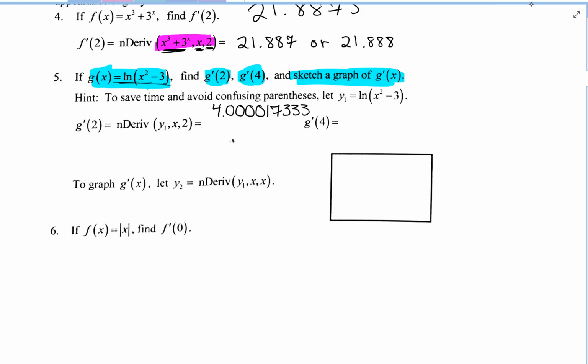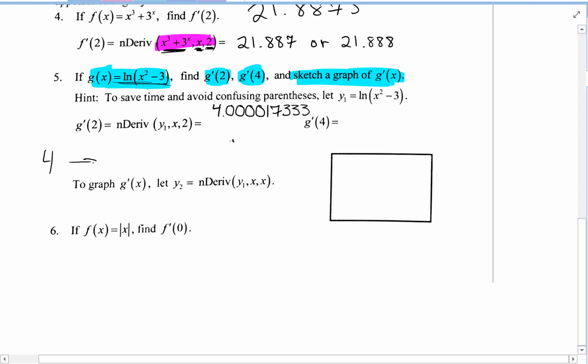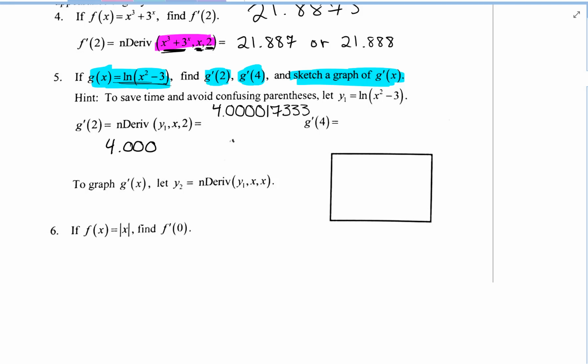Now, if the calculator had given us 4 as our answer, we would not need to write 4.000 to make sure that you had 3 decimal places. But after these zeros, there is still stuff happening. So because it does not continue with zeros in perpetuity, I decided to write 4.000. But if you're ever confused about the rounding and truncating, you literally don't have to cut off any of the numbers. You just leave it as the calculator gives it to you.